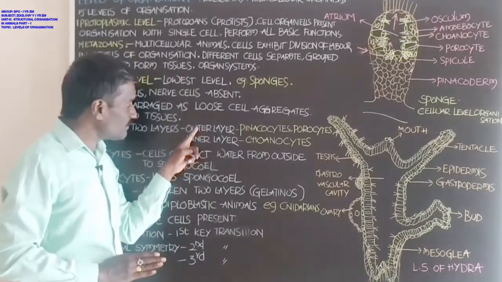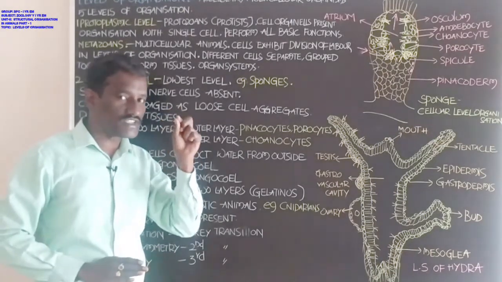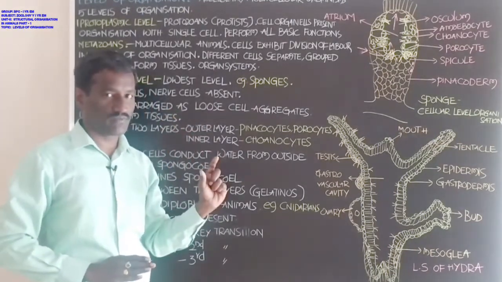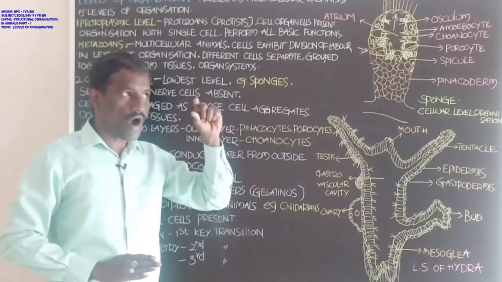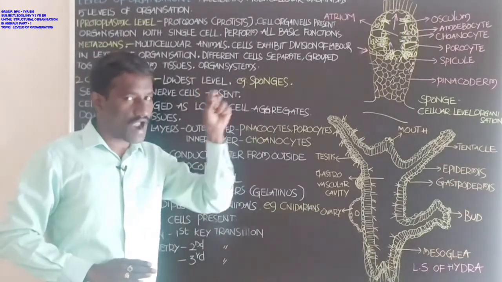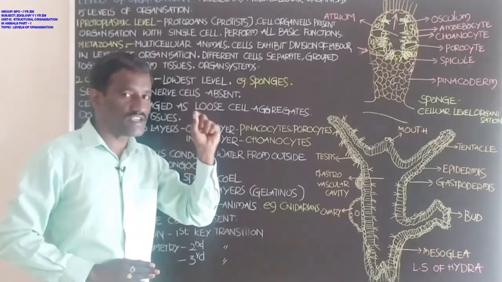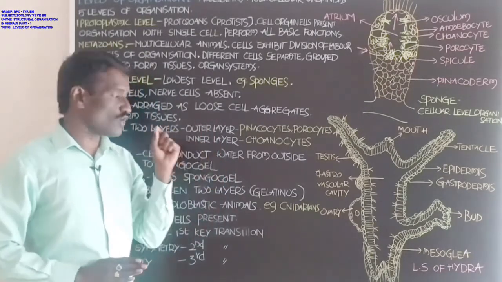Students, if you observe the body wall, between the outer layer and the inner layer there is a gelatinous substance that is called mesohyl.